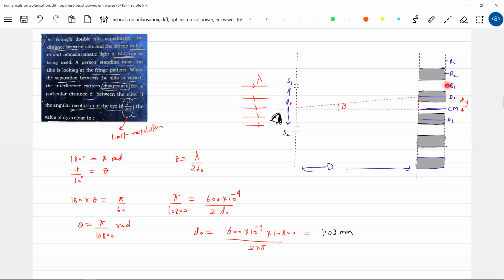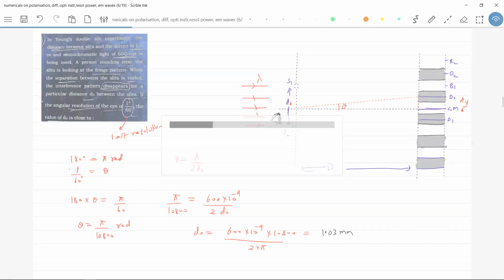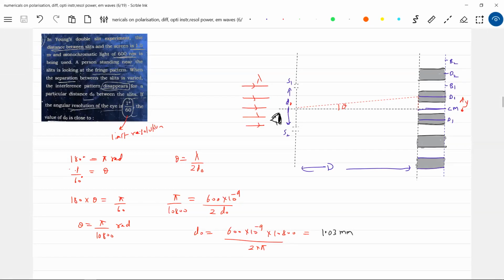Or B1, B2, or B1 and central maxima. Some books give this as the answer, some books give 2 millimeter as the answer. So if you take these two as the objects, 2 bright spots or 2 dark spots, and you are unable to resolve them, you can say the pattern disappears.